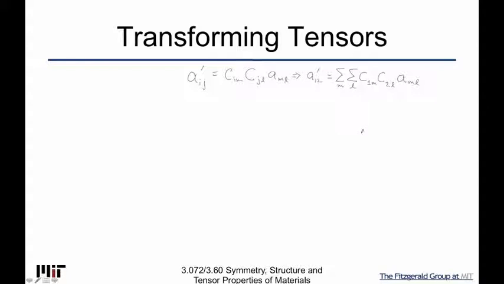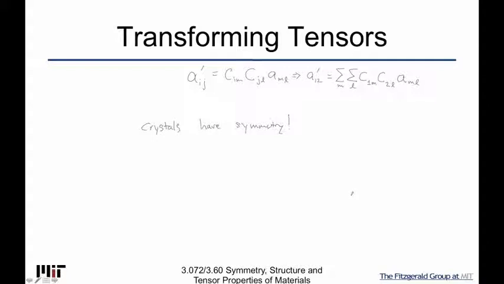So the good news is something we'll talk about next, as you know very well. So in a lot of the cases, except for triclinic crystals, sorry if you have to work with them, in a lot of cases we can use the symmetry to realize that the tensor has missing elements.